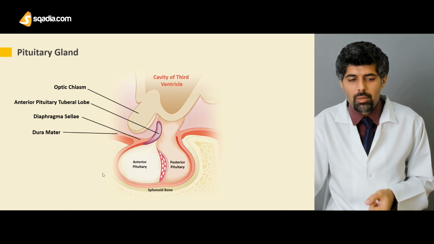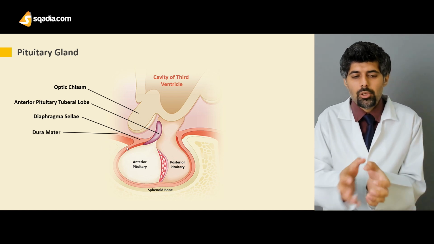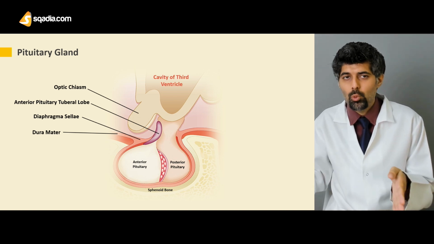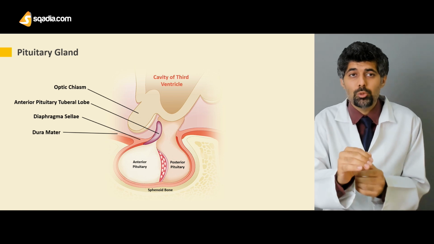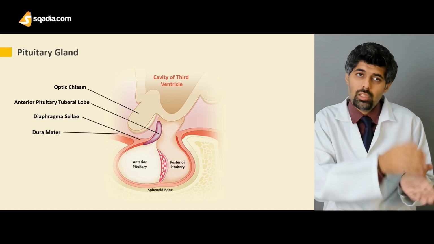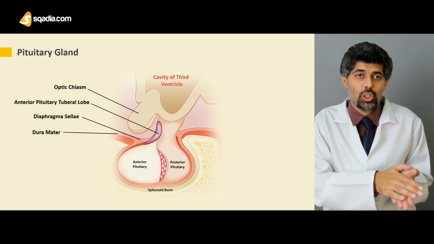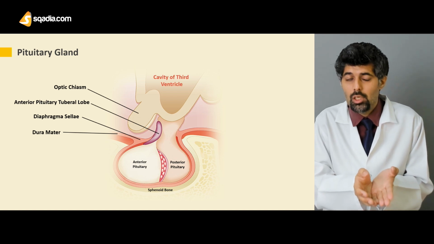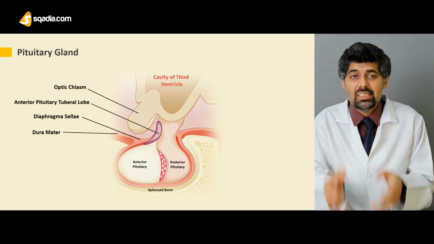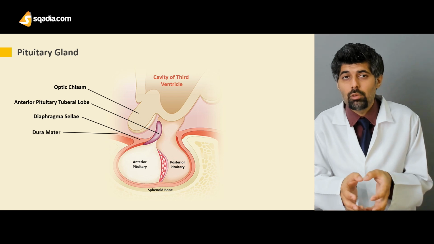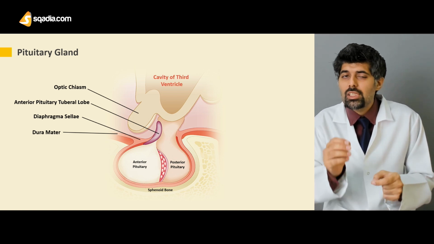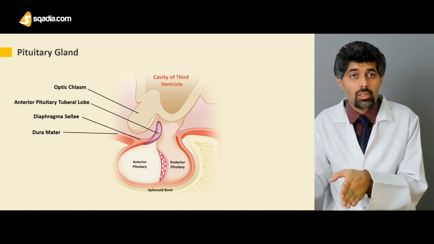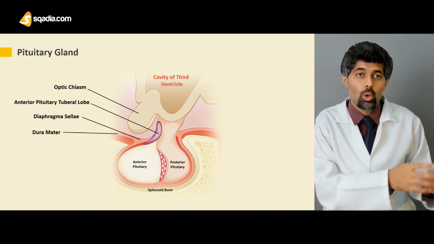So you can easily appreciate at this point that the pituitary gland is protected anatomically by the bone from all sides except superiorly, and it is also protected by the dura mater forming a pouch around it. All of this protection is necessary for the proper functioning of this gland, because any disruption in this gland will cause total disruption in an adult and disruption in the growth of a child.